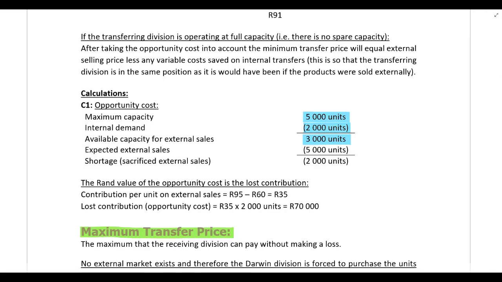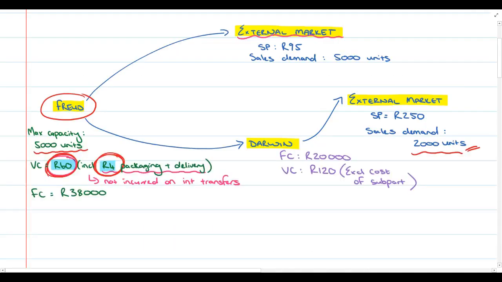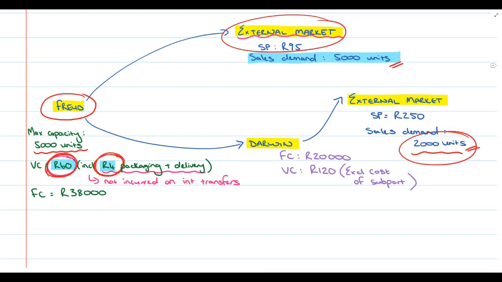However, based on the information provided in this part of the required, we know that the external sales demand is 5,000 units. So they definitely won't have enough capacity to make 5,000 units to be sold on the external market and another 2,000 units to be sold to the Darwin division. They're going to have to sacrifice some of their external sales if they transfer 2,000 units to the Darwin division.